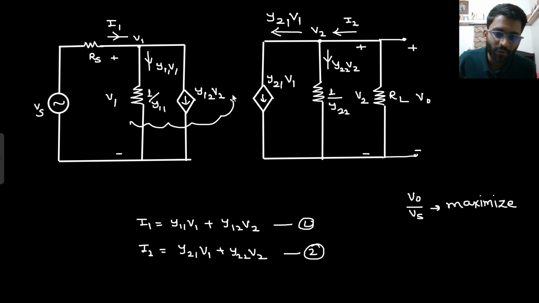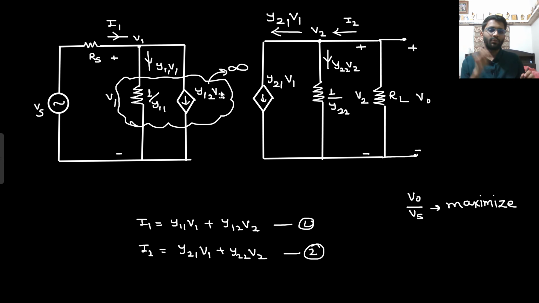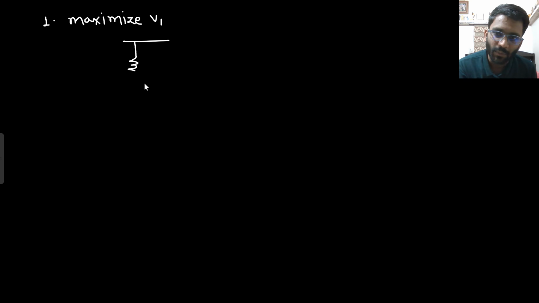My target is to get infinite resistance from this complete configuration. How do I get that? So my first step is maximize V1. And for maximizing V1, what do I need to do?